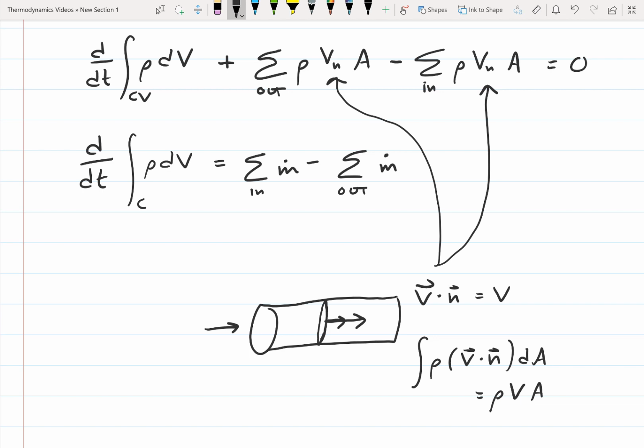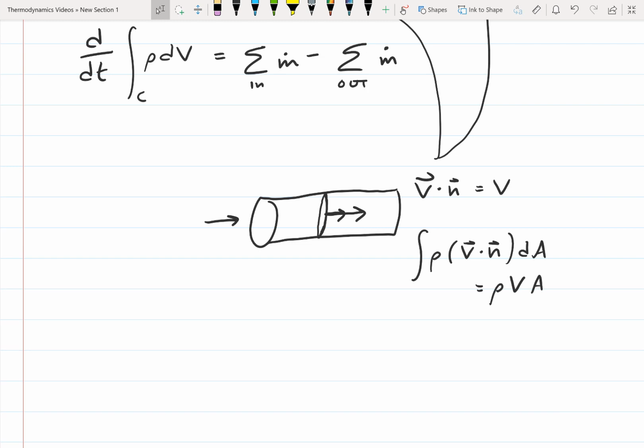On the other hand, if we decided to orient our control surface in a direction that's not normal to the flow, like let's say our flow is still through the pipe, and for some reason we decide to select our control surface like this, then we're going to need to consider the dot product, because our normal vector is here, this is a velocity vector, and this is our angle theta.